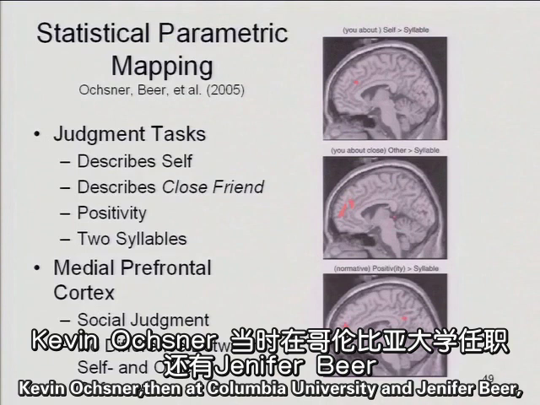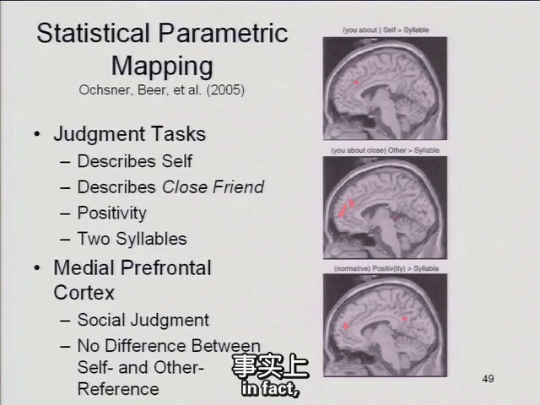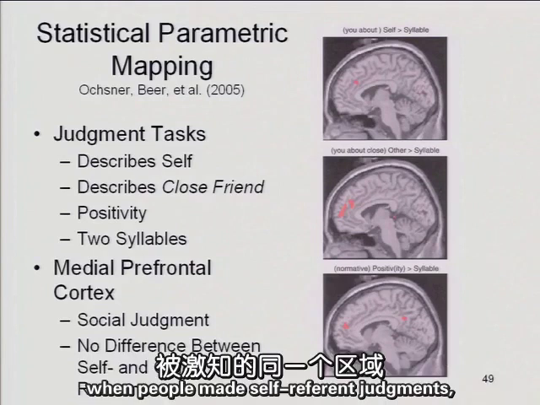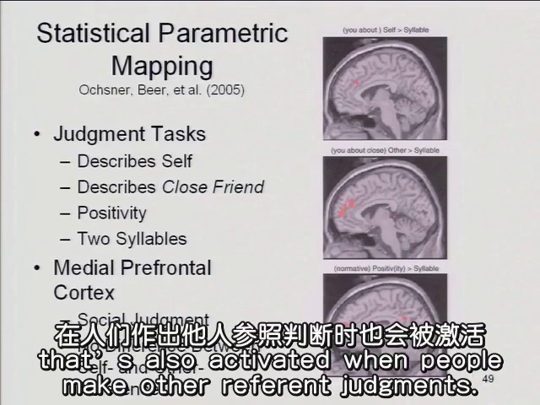Kevin Ochsner, then at Columbia University, and Jennifer Beer, Berkeley PhD. This was part of Jennifer's graduate work here, in fact, found that exactly the same areas of the brain were activated when people made self-referent judgments, the same portion of the frontal lobe that Craik had identified. That's also activated when people make other referent judgments.